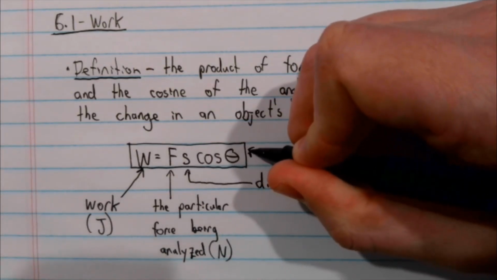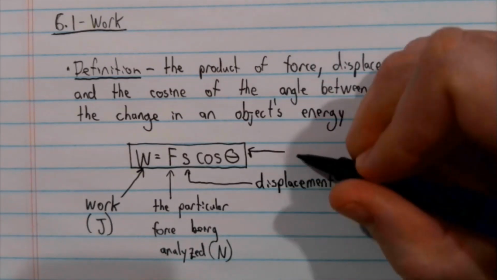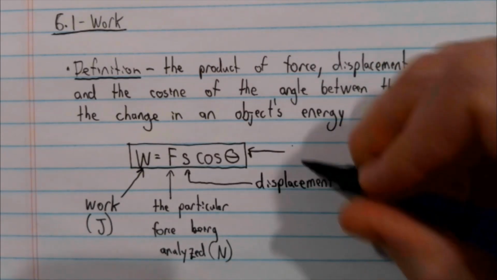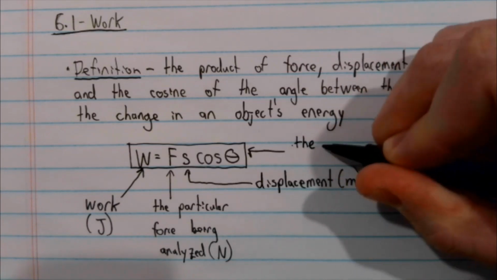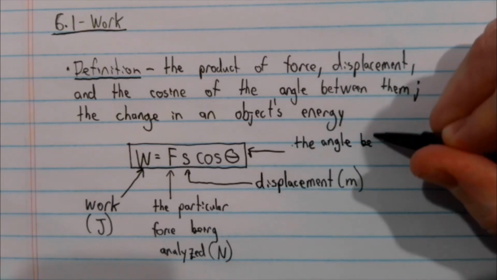Finally, theta is the angle between vectors F and S. I'm going to have to squeeze this in a little bit. Maybe watch what I write before you try to find space for it.